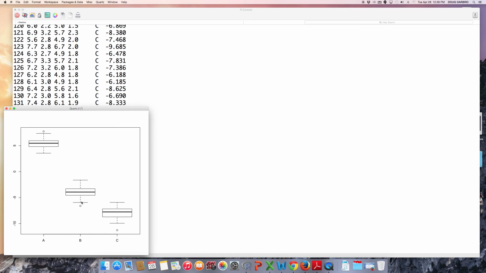Although there's a little bit of overlap, it looks like to be classified in group B, you're going to need somewhere about a -6 up to 0. And to be classified in group C, you're going to need somewhere about -6 and below. Now there's one outlier there. We may really want to get in on that person and may possibly delete them.